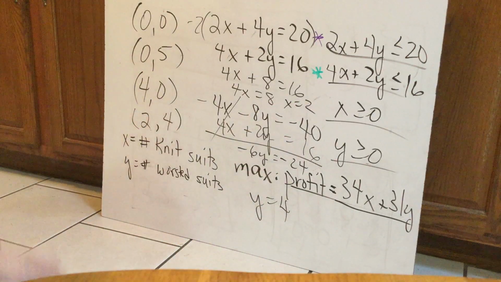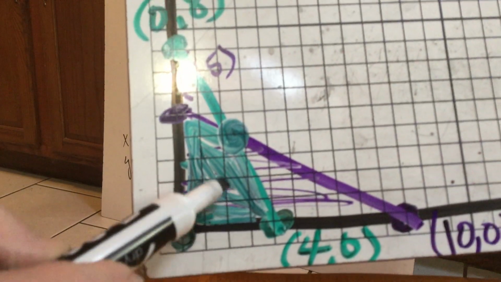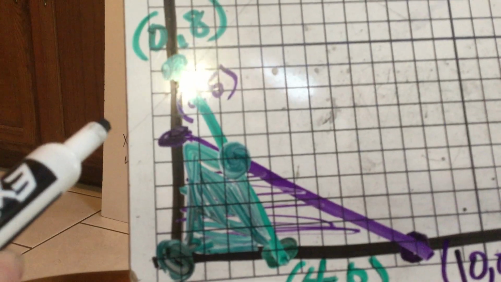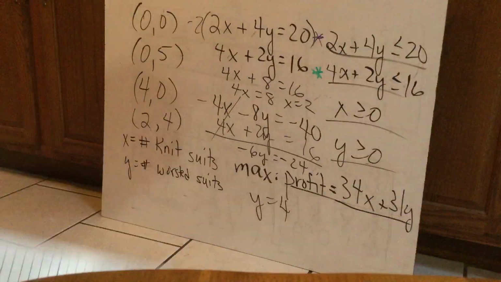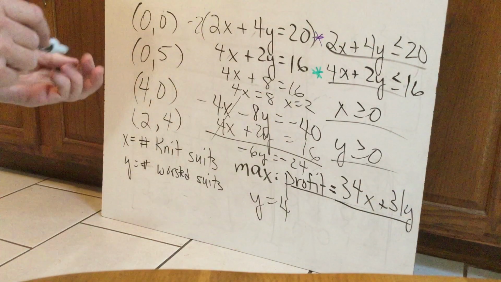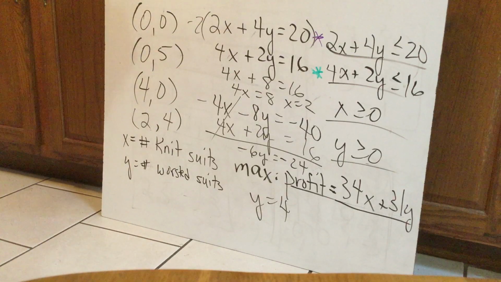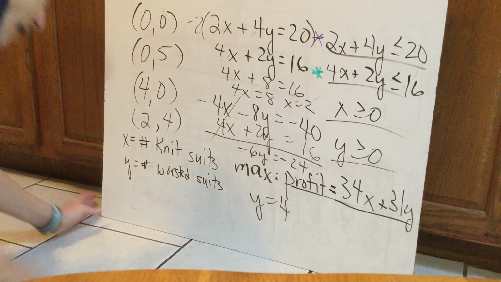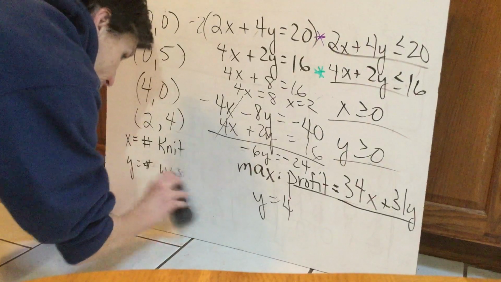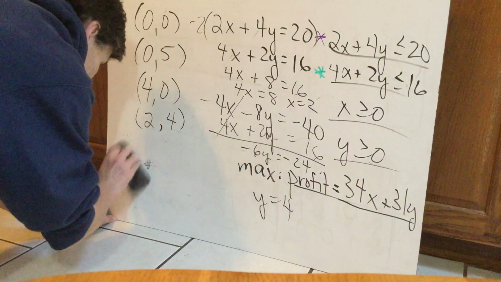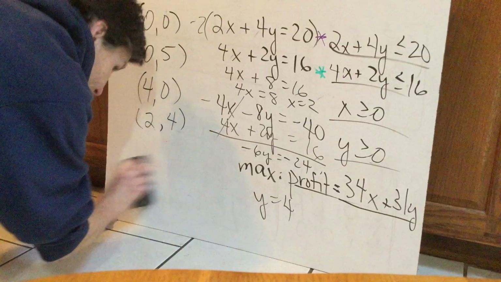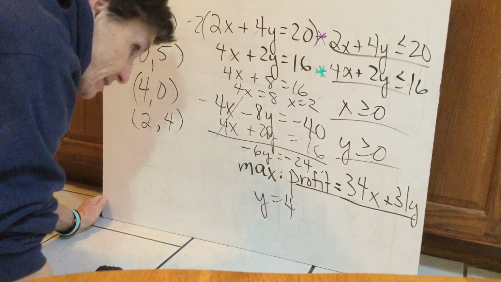So I don't know if you could tell, on mine, it kind of looks like that is the point 2 comma 4. Now I have all of my points. So do you remember what you do next?